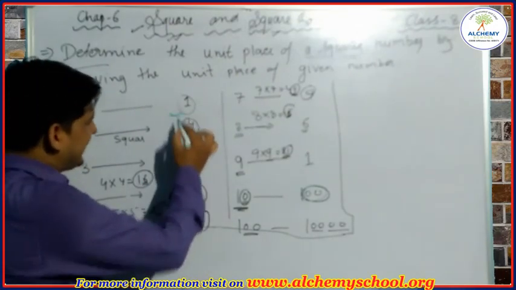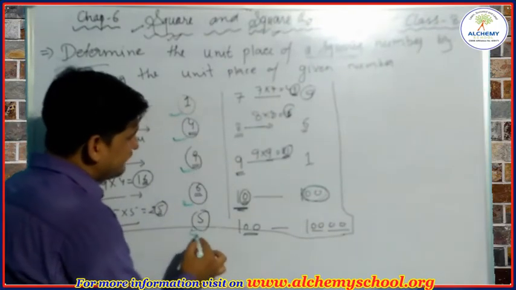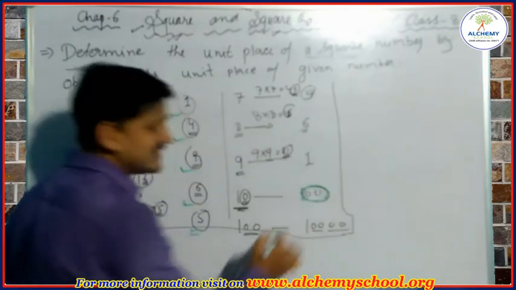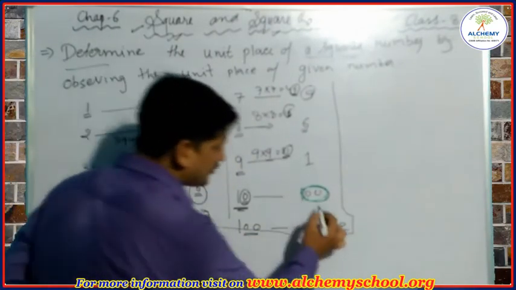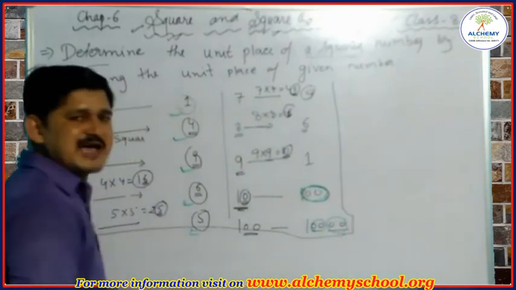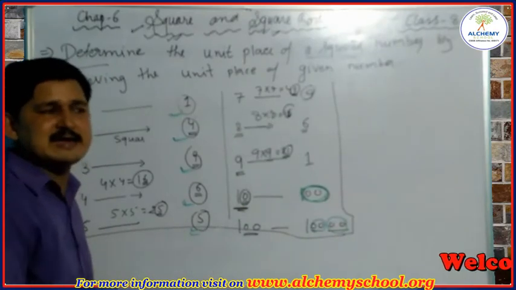If it has 2 zeros at the end, or you can say it should have the pair of zeros, the number may be a perfect square of any number.